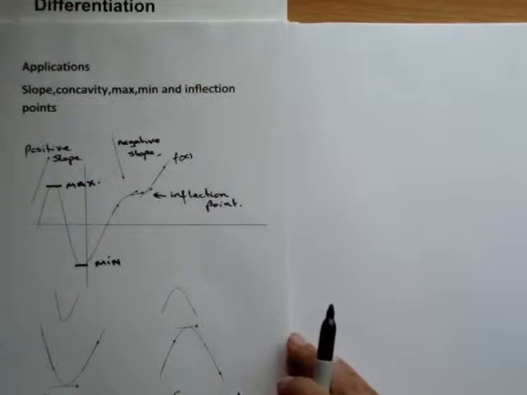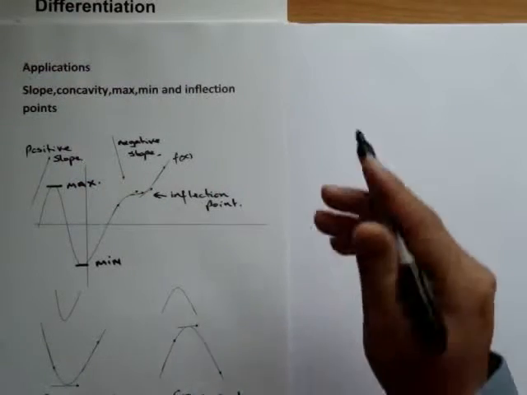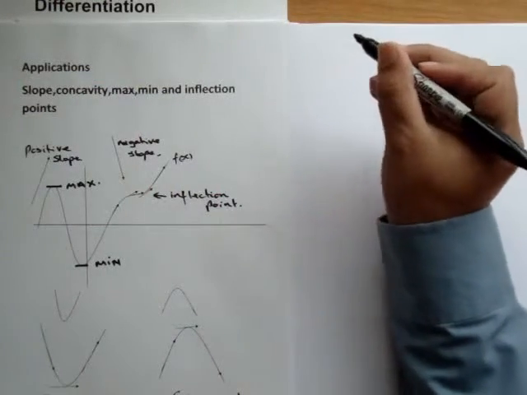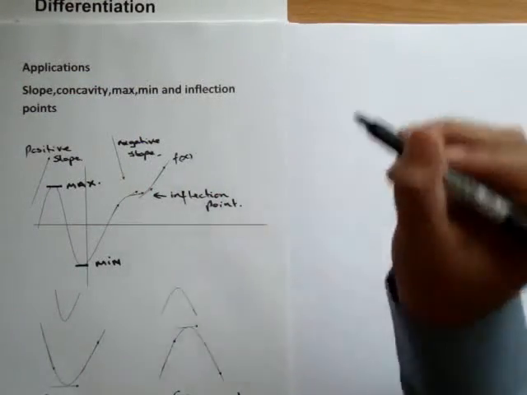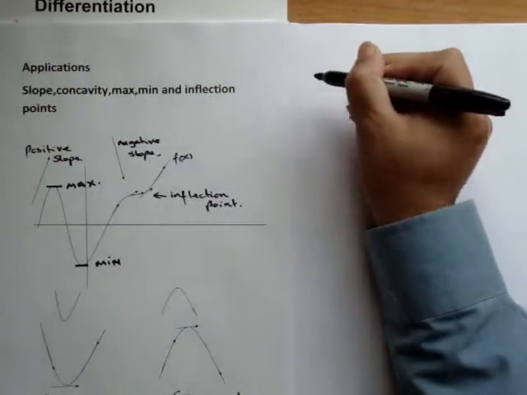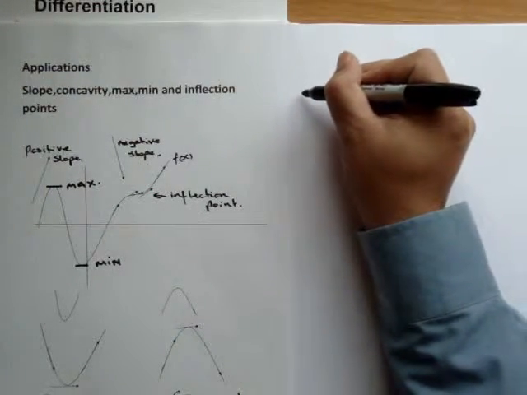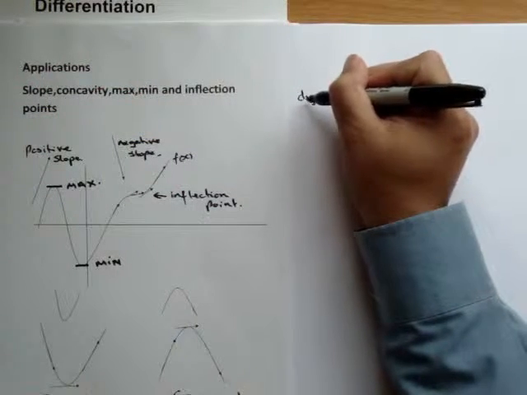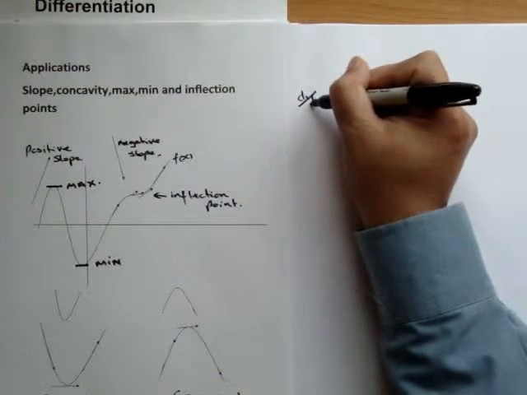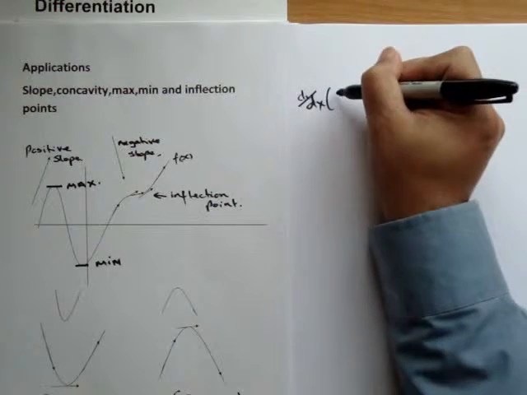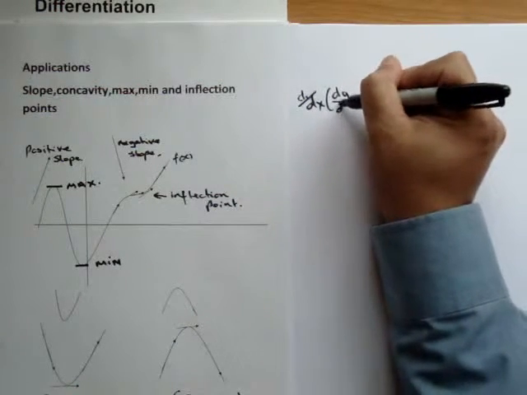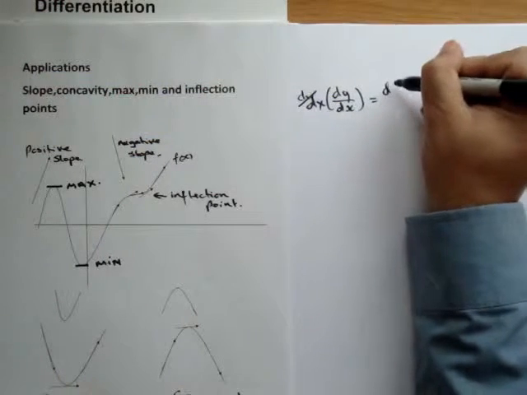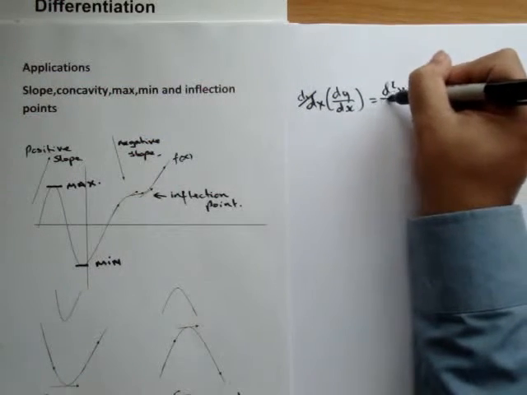An easier way of finding whether the curve is positive or negative at a point is to do the second derivative test. Now the second derivative test is nothing but d by dx of dy by dx. So this becomes the second derivative.